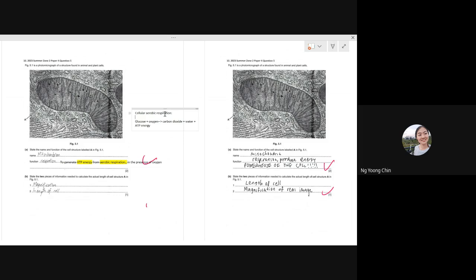You inhale the oxygen and you intake the glucose. The glucose you intake from the food that you consume every day. Then they use the oxygen to break the glucose molecule, because inside the glucose molecule there is chemical energy. They want to release the chemical energy from the glucose and convert it into ATP energy.